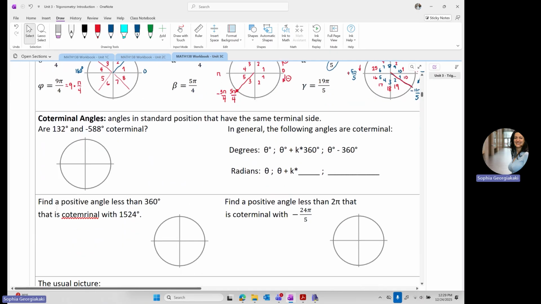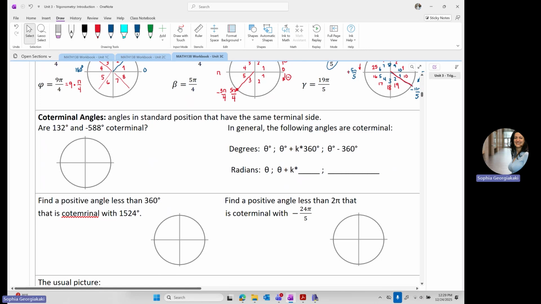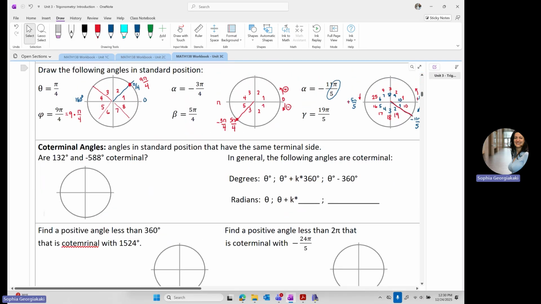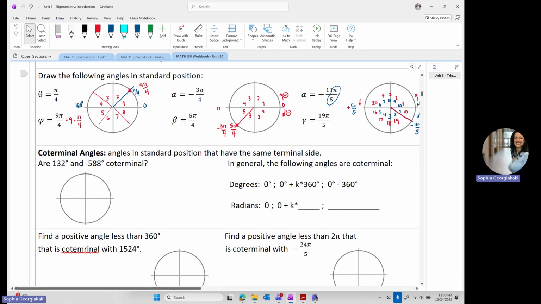Now, in terms of degrees, the angles 132 degrees and negative 588 degrees, are they coterminal? The problem with degrees is that the numbers are very complicated. So the way to find if angles are coterminal is to see if the difference of those angles, or the sum, ideally the difference, is a whole number of circles of 360 degrees.